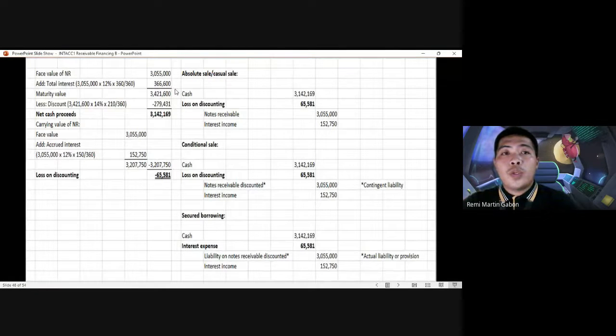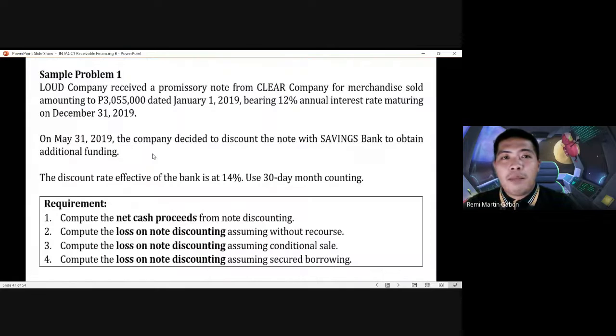Now, should Loud Company have waited the maturity period, the company will receive 3,421,600. But because Loud Company became impatient because it's in dire need of cash flow, yung ginawa niya, diniscount niya sa May 31. Okay, diniscount niya sa May 31.